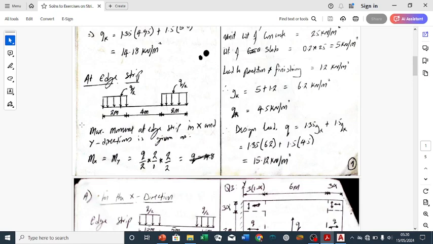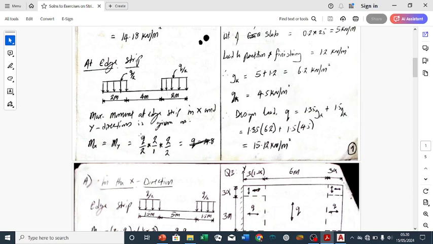So to take moment from this edge, this Q over 2, if you convert it from a UDL to a point load, you will have Q over 2 multiplied by the length, which is 2 meter. So this is how we have this Q over 2 multiplied by 2 over 1. This whole component, Q over 2 multiplied by 2 over 1.